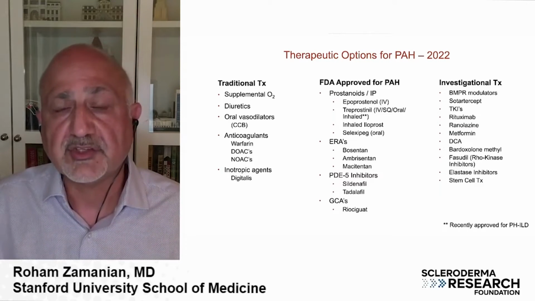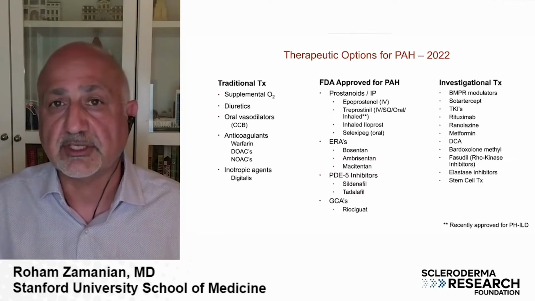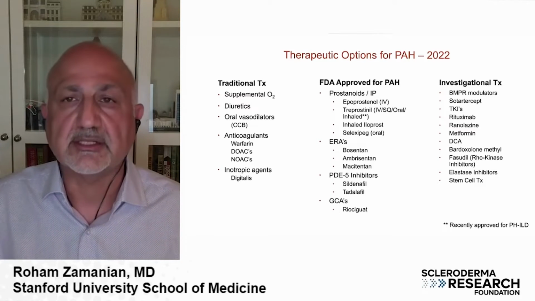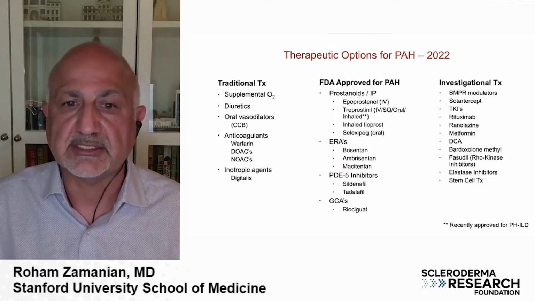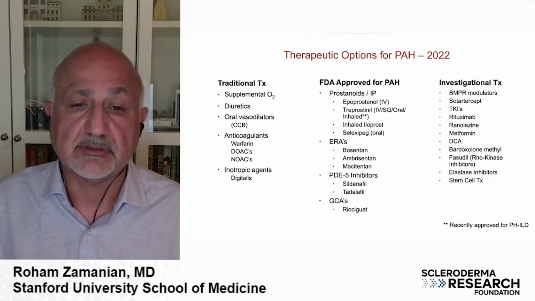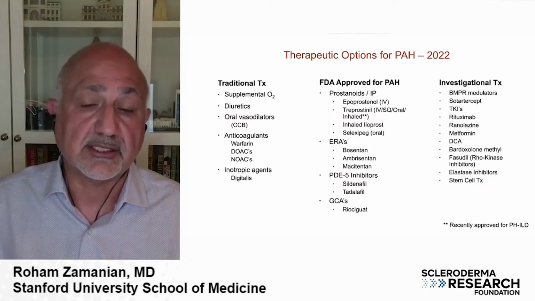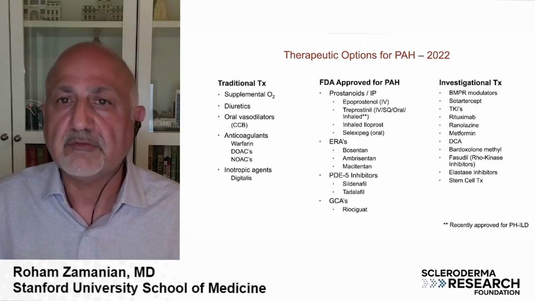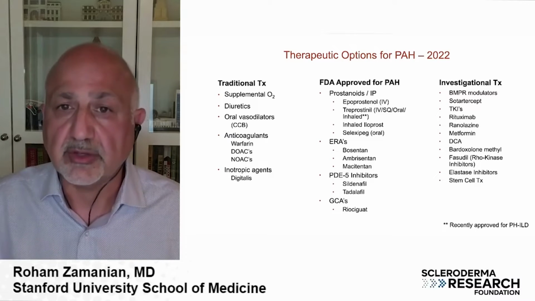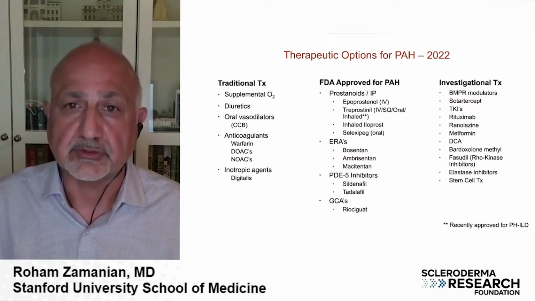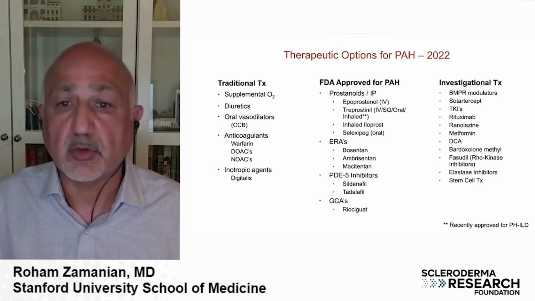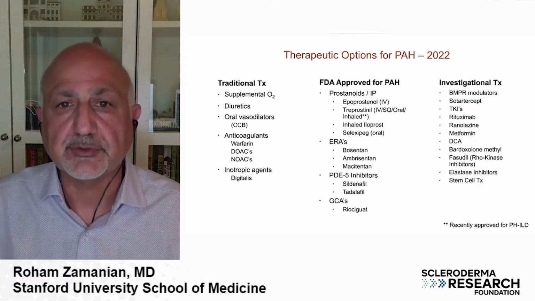But the PAH therapies that have been approved fall into 4 categories: the prostacyclins, the endothelin receptor antagonists, the PDE5 inhibitors, and the cyclic guanylate cyclase activators. All of these therapies have been tested in group 1 PAH and approved currently, and all of them are available for use in patients with systemic sclerosis.